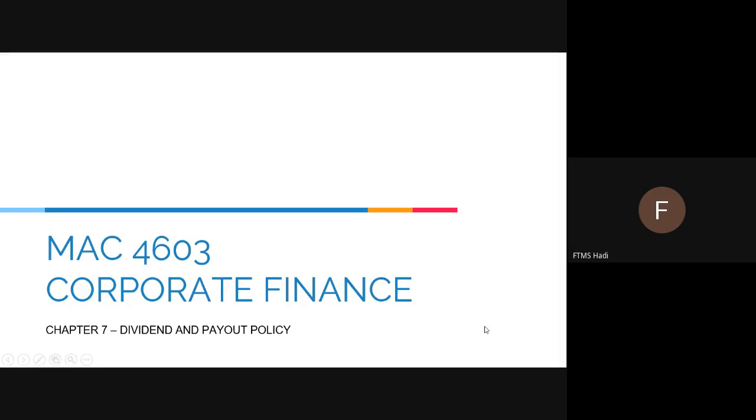Remember, during chapter 1, in the company we have two things, which are payback and payout. Payback happens when the company applies for financing from a financial institution, and they are required to pay back their loan.